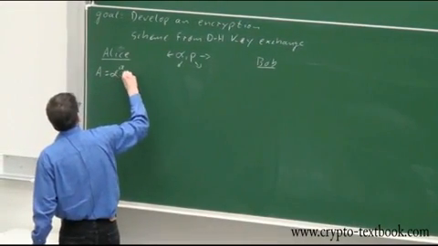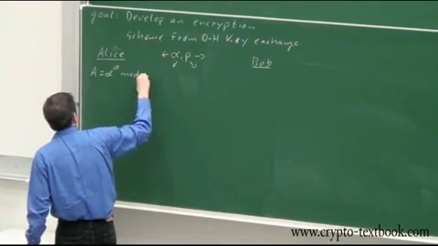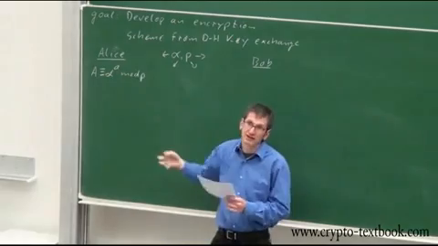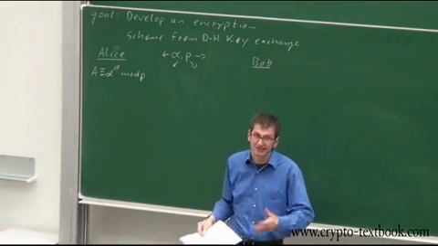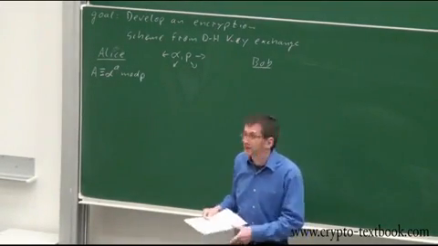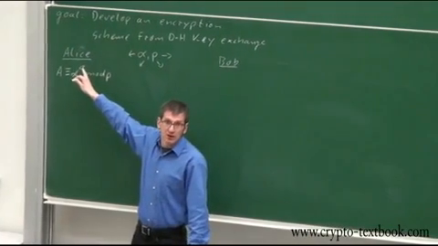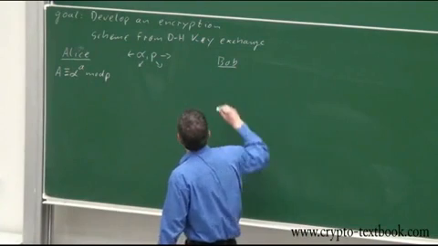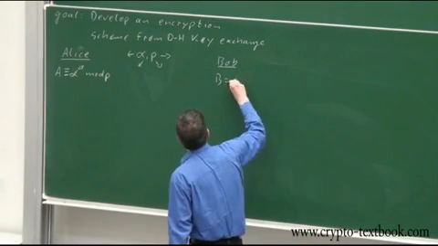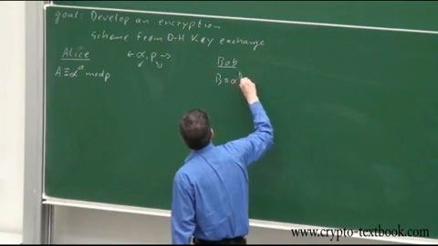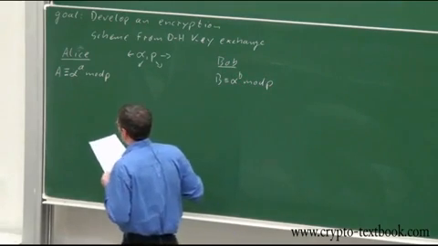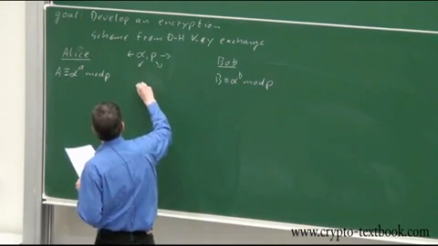She picks, and I give you now a very compressed version of Diffie-Hellman because I already showed you Diffie-Hellman twice, lowercase a, a private key. She computes a public key. Bob does the same here. They exchange their respective keys.